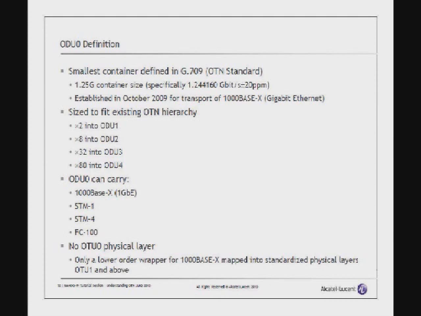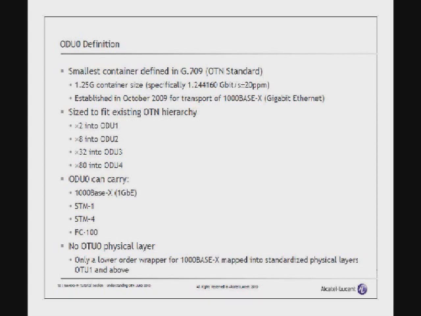So anything that is GigE and below that needs to be aggregated up will be put into an ODU0 and then placed either into an ODU1 or above. They've also defined the number that can be placed into the various ODUs from 1 through 4, and the types of underlying services that the client can provide.